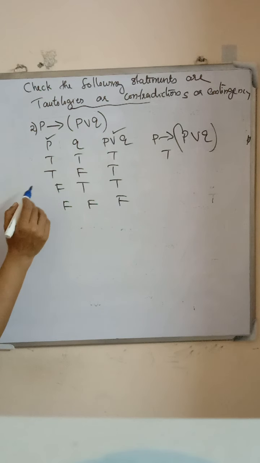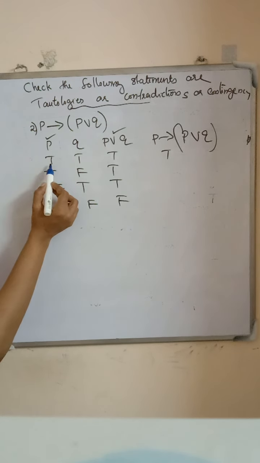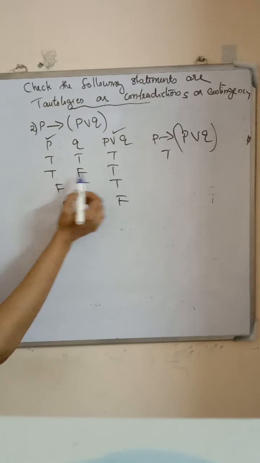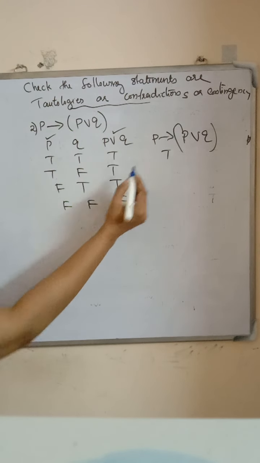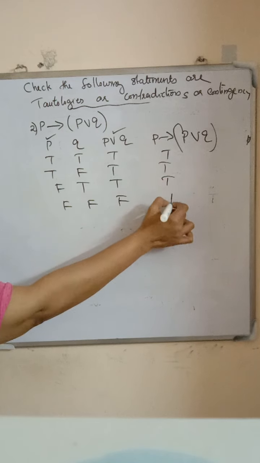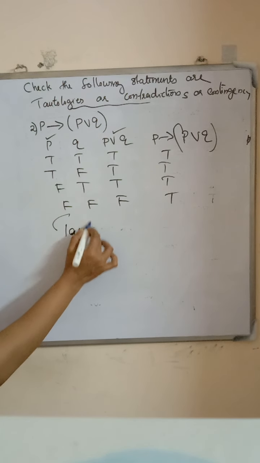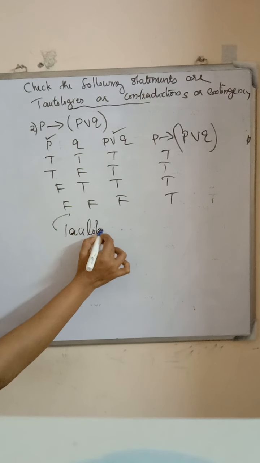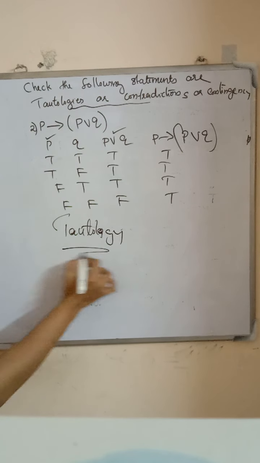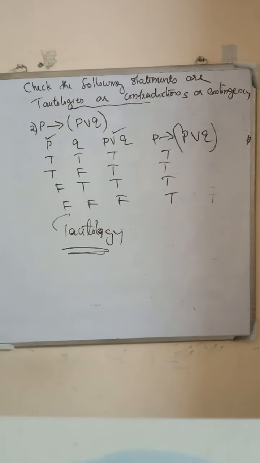Here in no case is the first one true and the second one false. So all the statements are true. So this statement is a tautology because all the truth values are true.